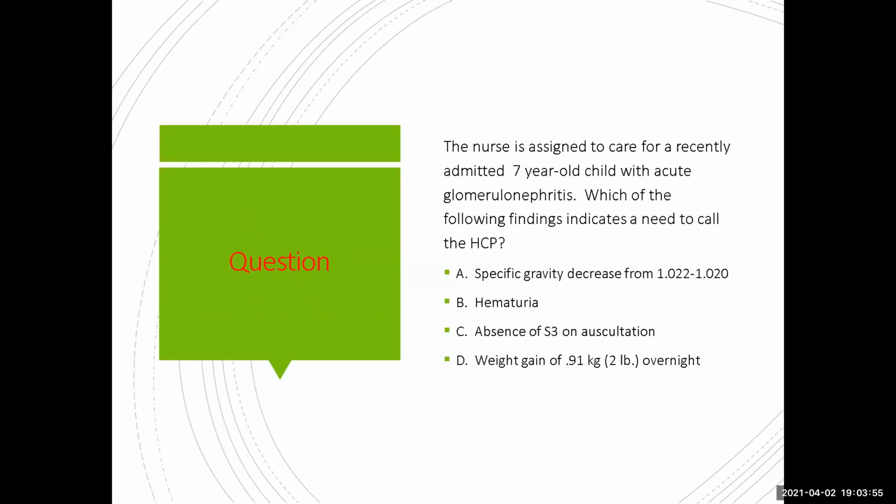So here's a question. The nurse is assigned to care for a recently admitted 7-year-old child with acute glomerular nephritis. I am going to know how to say this by the end of this, huh? Which of the following findings indicates a need to call for the healthcare provider? Don't let it throw you.